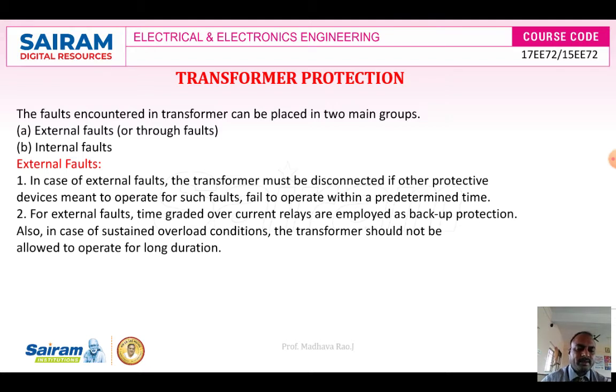After disconnecting the transformer, we should have one more transformer for backup. For external faults, time graded overcurrent relays are employed as backup protection. If the internal relays do not operate, we should have backup neighborhood relays, and those relays should operate and protect the transformer.